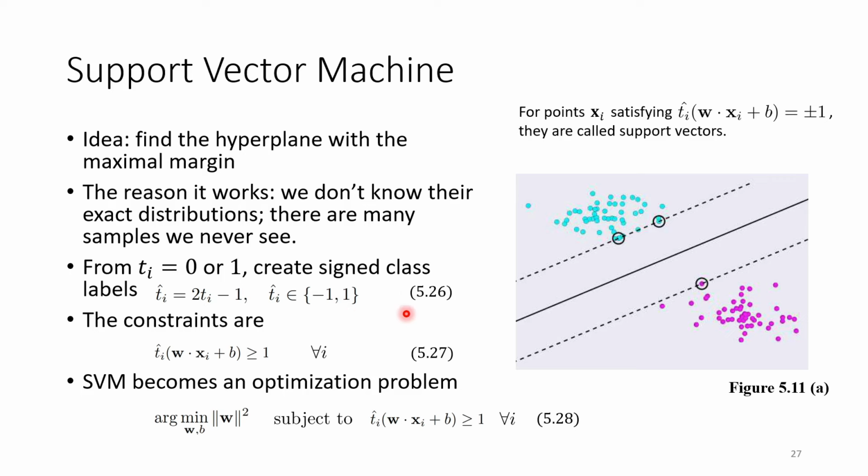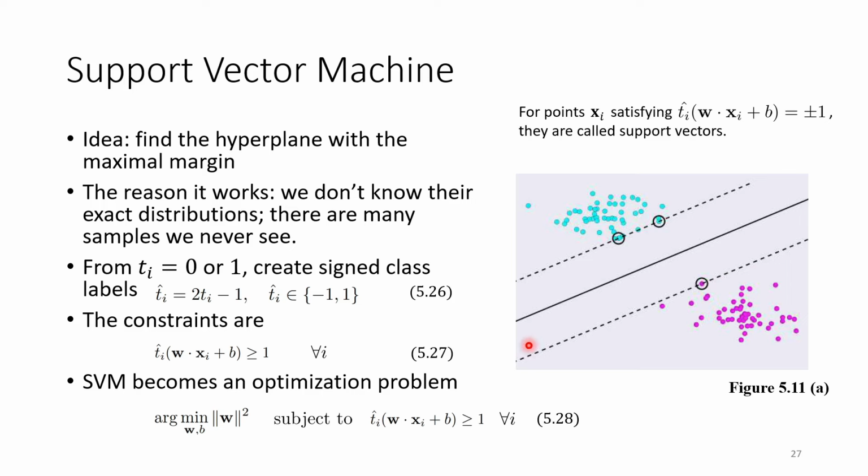So the restriction will become: for this group, all of their linearly projected values, w times xi plus b, will be greater than 1. And for the other group of input points, their projected values will be less than negative 1.